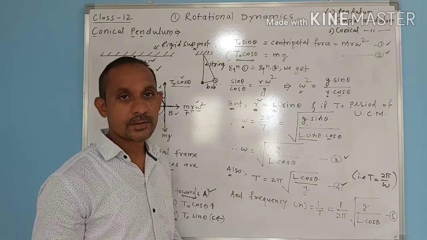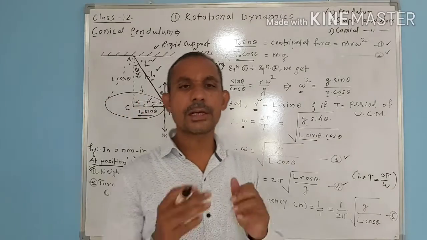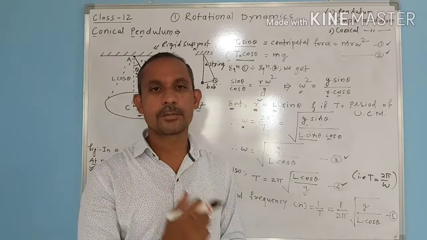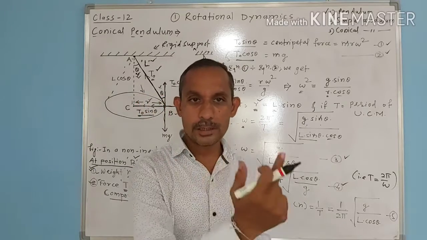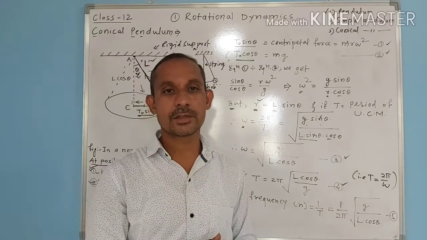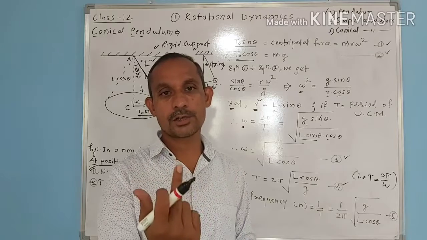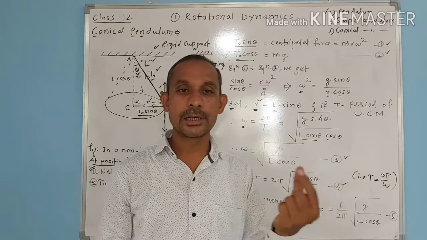And lastly, the final relation we can derive is for the frequency. The bob in this conical pendulum is performing uniform circular motion with a certain frequency. The frequency means the number of circular motions or revolutions per unit time.